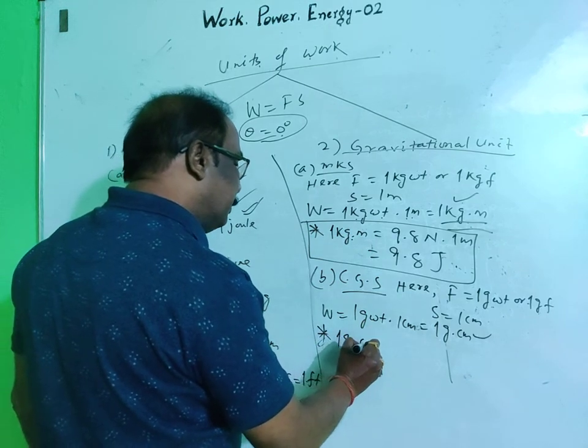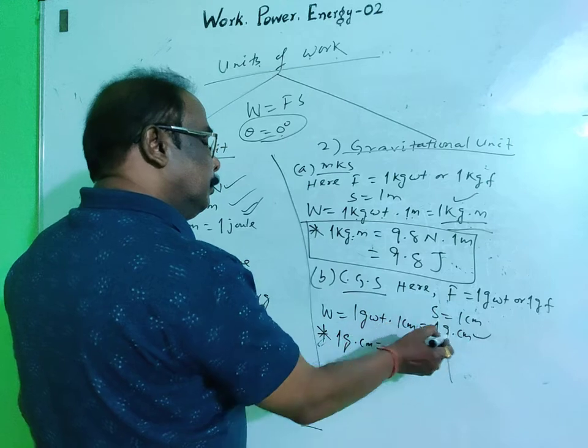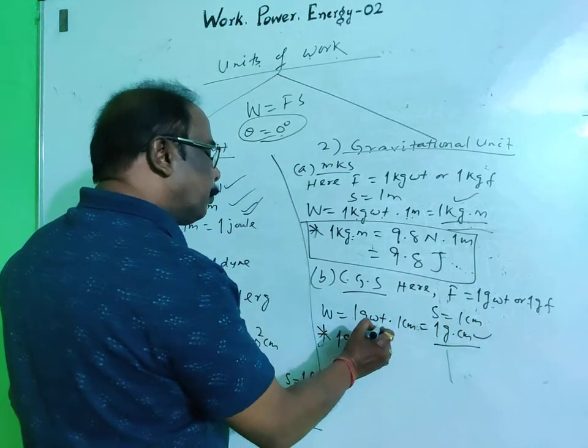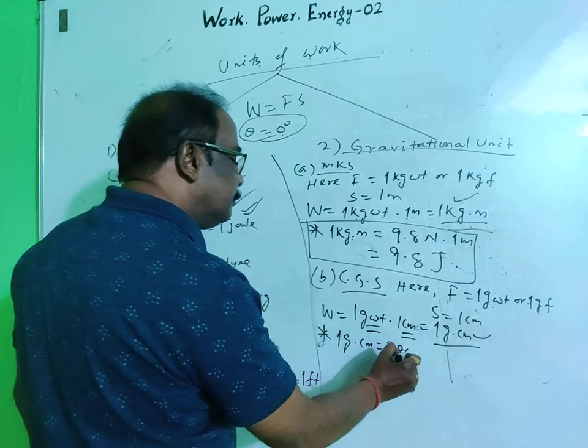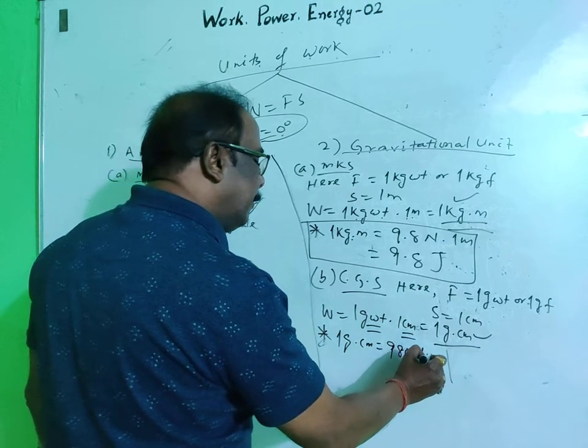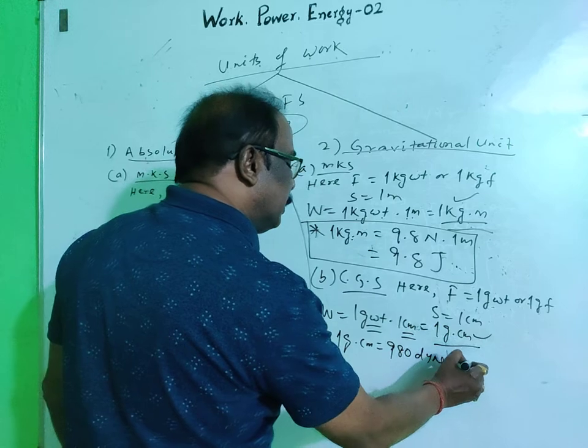1 gram centimeter is equal to 1 gram weight into 1 centimeter. 1 gram weight is equal to 980 dyne into 1 centimeter.